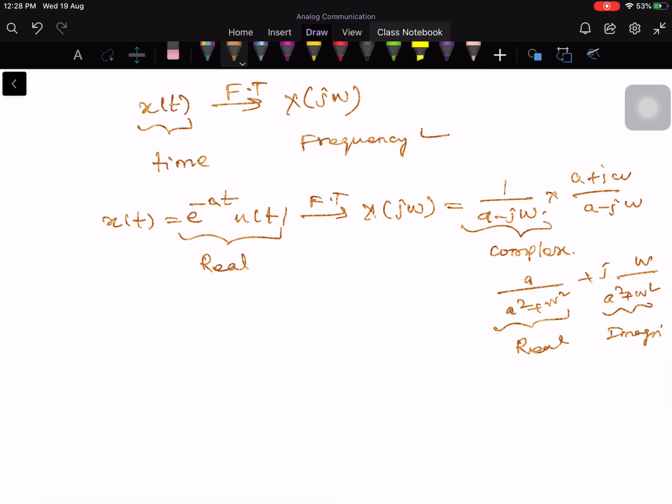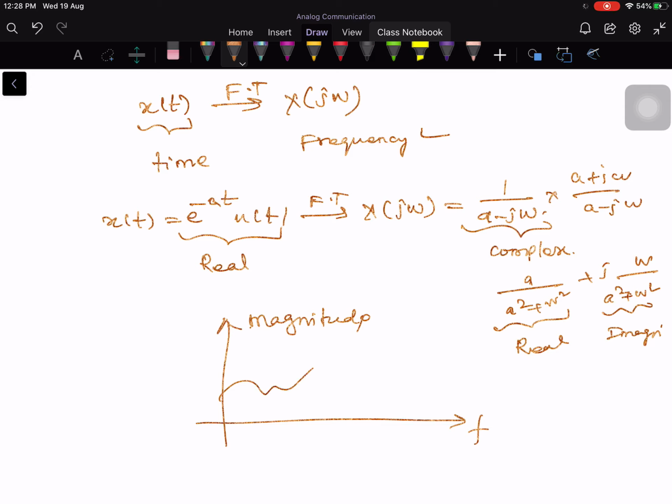Okay, then you can take the magnitude part and phase part, or the real part and imaginary part. And you plot the amplitude of the various frequency components as a function of frequency. Okay, in the x-axis frequency, and plot the magnitude of the spectrum.